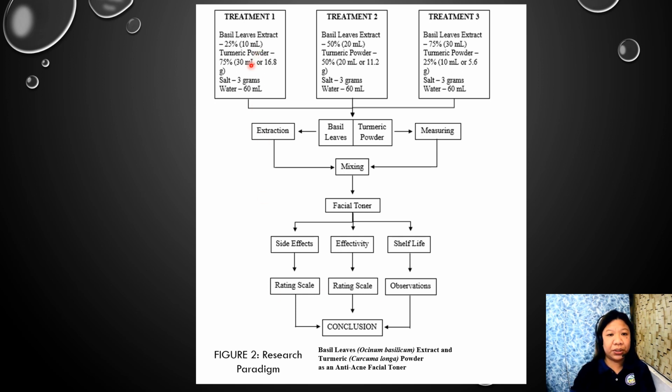The researchers started by introducing the different treatments of the study, what materials are needed, how the processes are involved in the study, and what the possible testing is, for instance, testing for the side effects, the effectivity, and shelf life. Then after that, how the data are collected and presented, then how the data are analyzed, and after that, come up with a conclusion. So that is what we call the research paradigm.